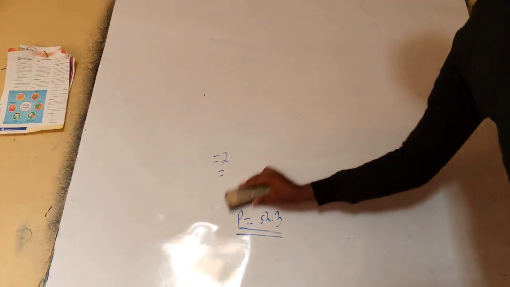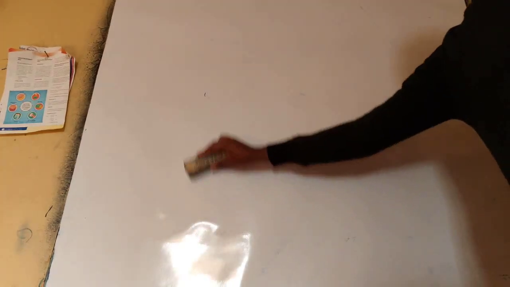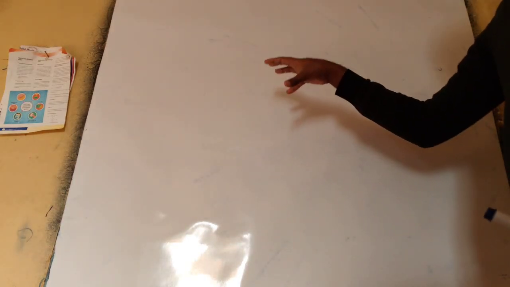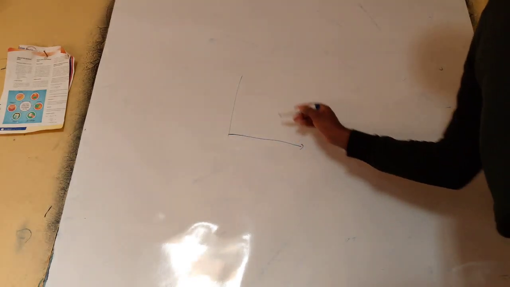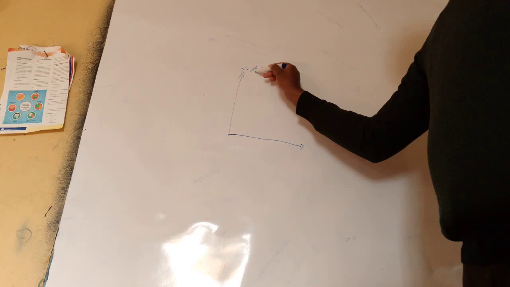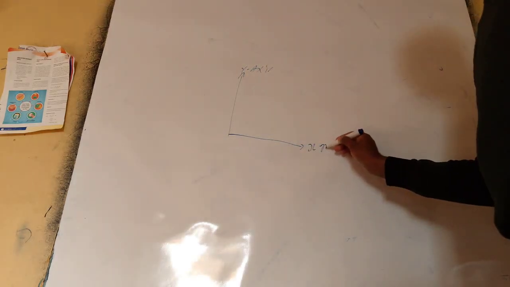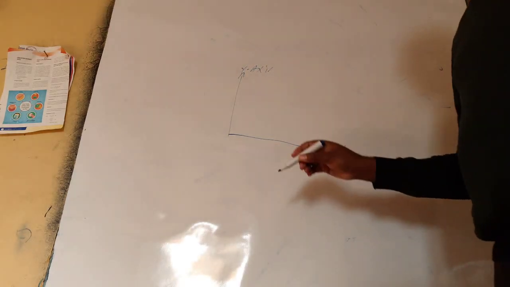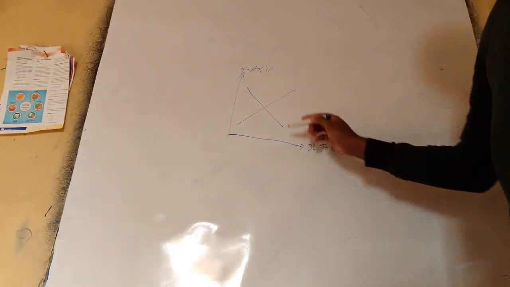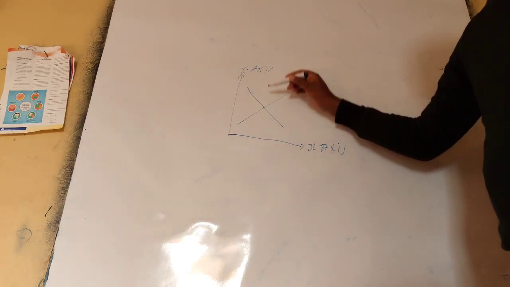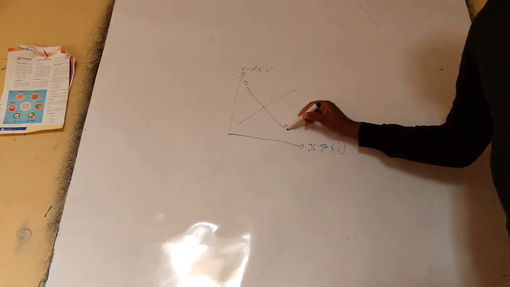Sometimes you might be told to illustrate using a diagram the equilibrium price and equilibrium quantity computed. We just come here and we draw the y-axis and x-axis this way. From there, the demand curve and the supply curve, where they meet, this is the point of equilibrium.